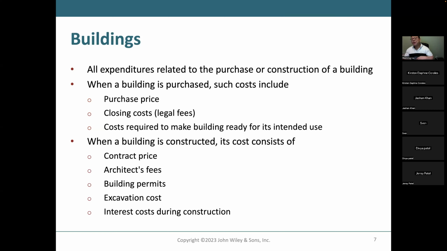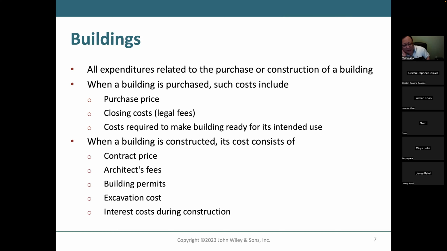I have to redo the frames, set up more walls to divide those open spaces into different office units for my workers. So there's an additional cost. Those costs are necessary to make that building ready for its intended use, which is to run an accounting firm. Therefore, when you purchase the building, it's not only the purchase price and the fees you pay the lawyer, but also the cost incurred to get that building ready for use.